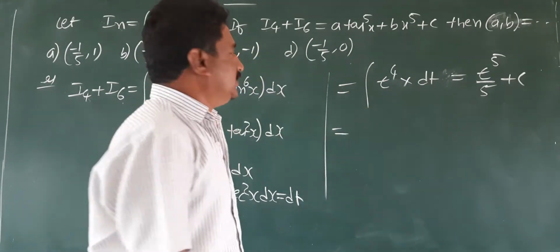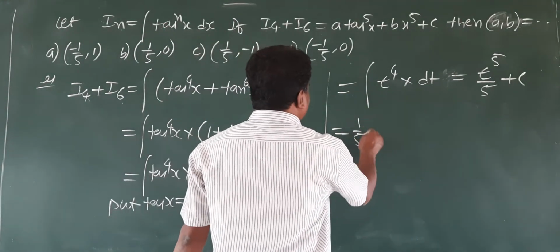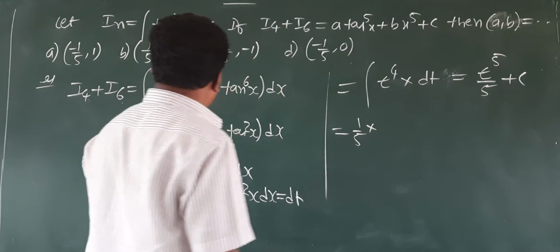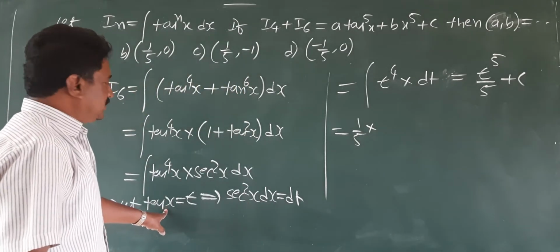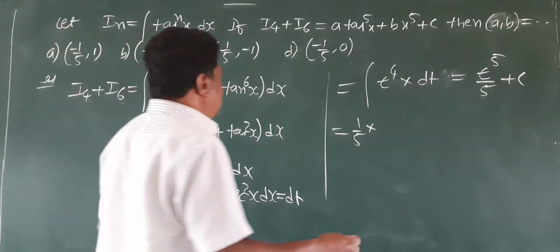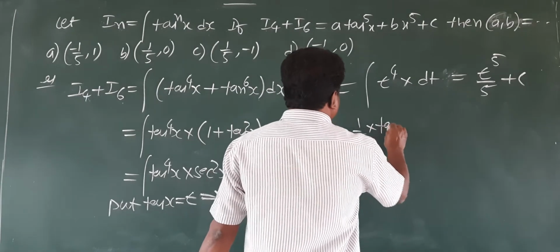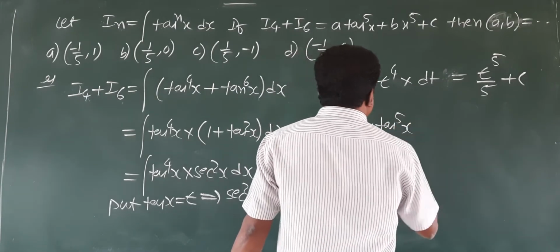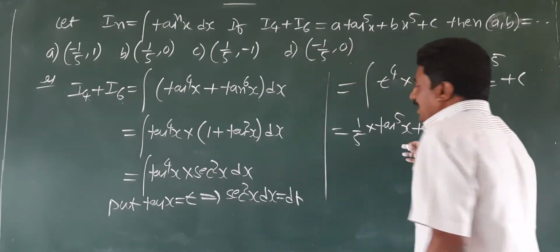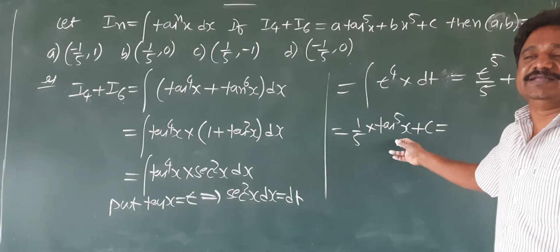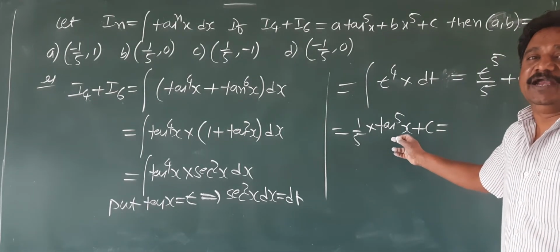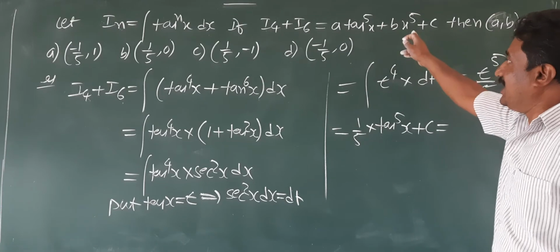Substitute for t. So 1 by 5 into, what is t, students? t means tan x. t power 5 means tan power 5x plus c.